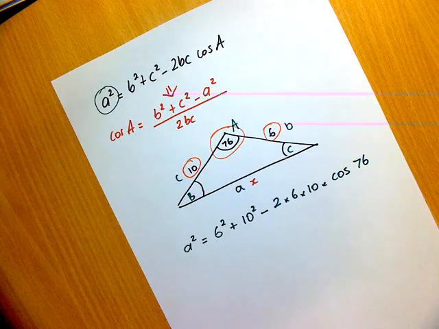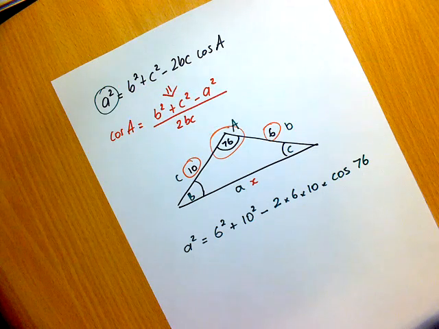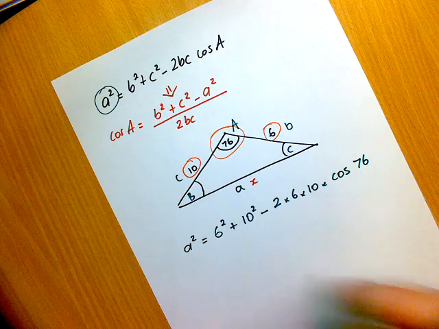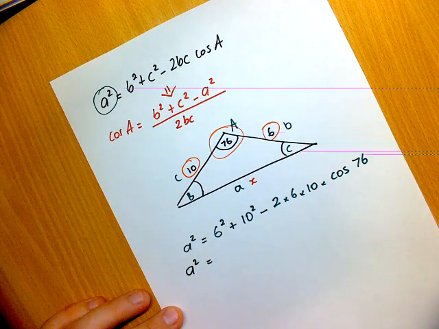Now, I wish I could make that more simple, but that's about as simple as it's going to get, apart from squaring these out. But I usually go ahead and just put that big ugly mess into my calculator.